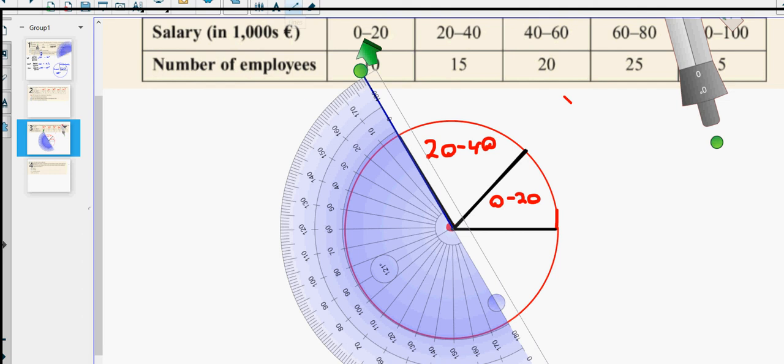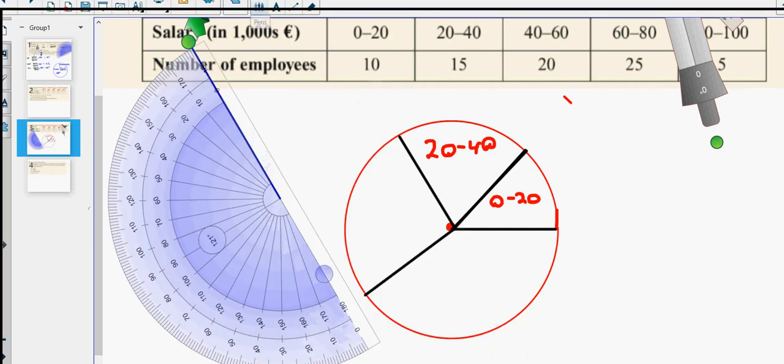Okay. So this is 0. See the 0 there? 10, 20, 30, 40, 50, 60, 70, 90, and then just over halfway, so about 96. And what's that? 40 to 60.